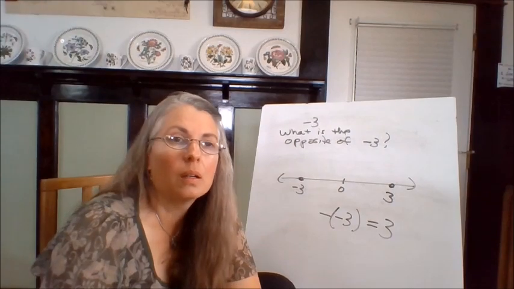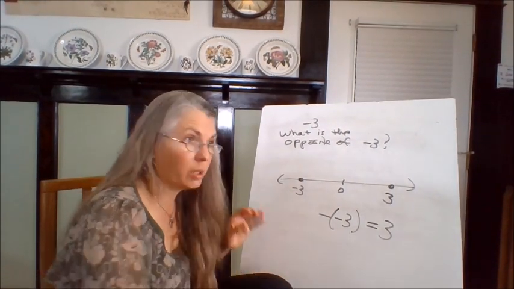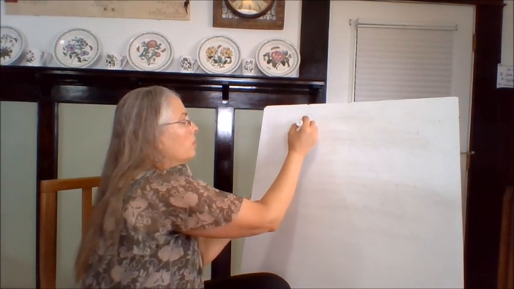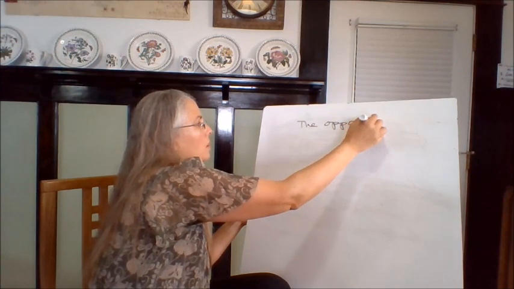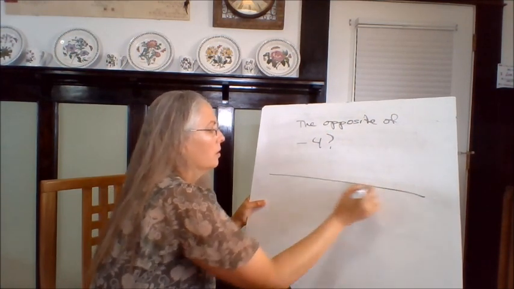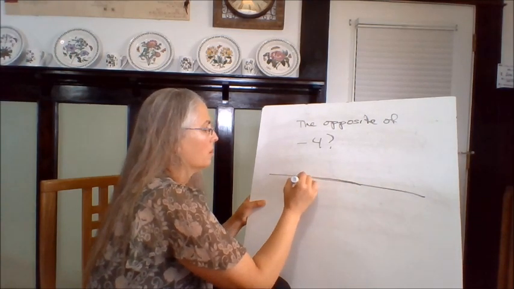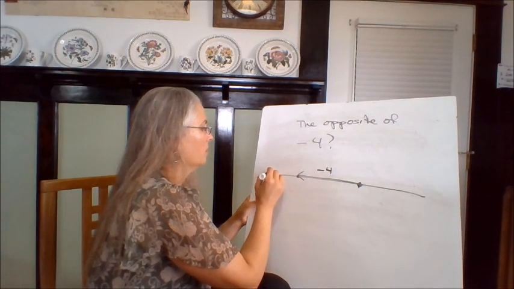What about if you do it with an arrow? Because if you do it with an arrow, you're not flipping it over 0. Ooh, that's a really good question. Okay, so what's the opposite of negative 4? All right, so here's an arrow, negative 4.